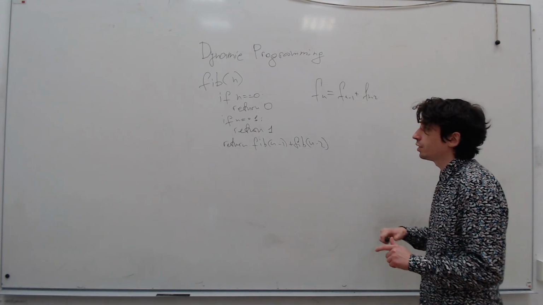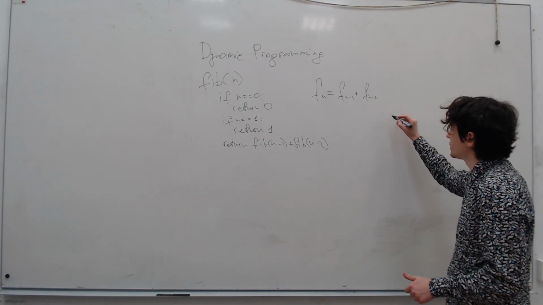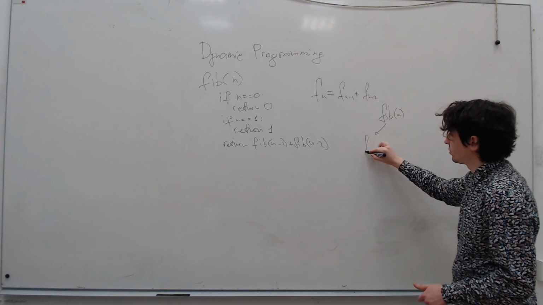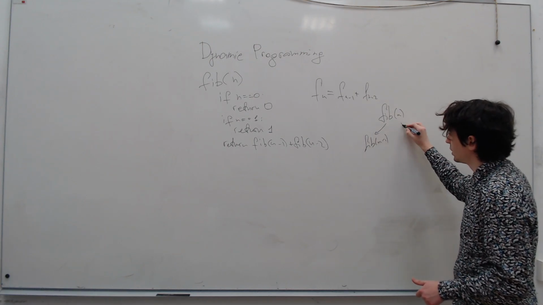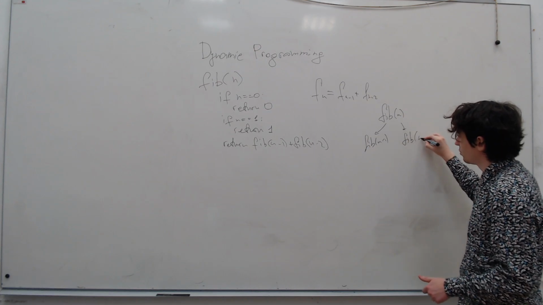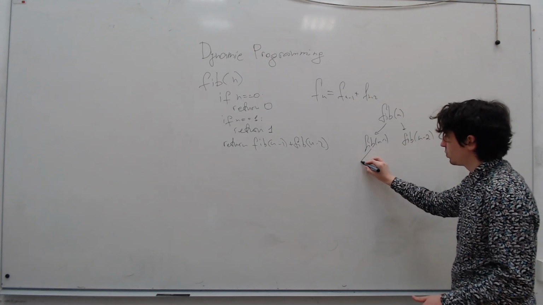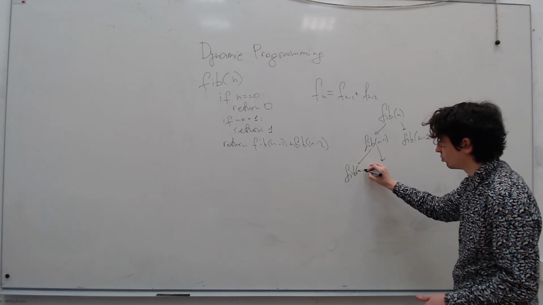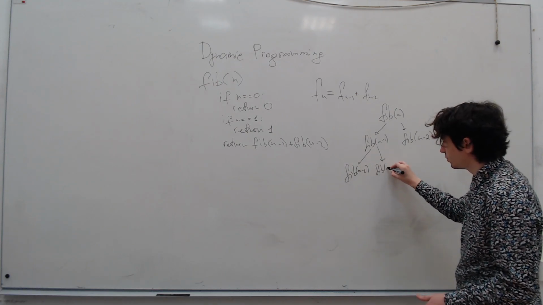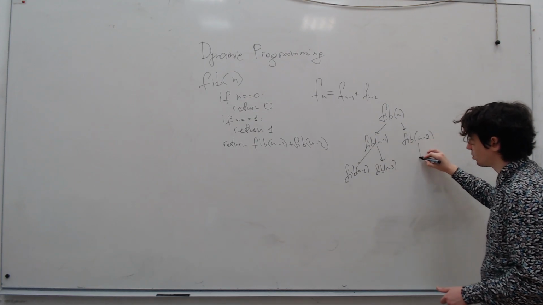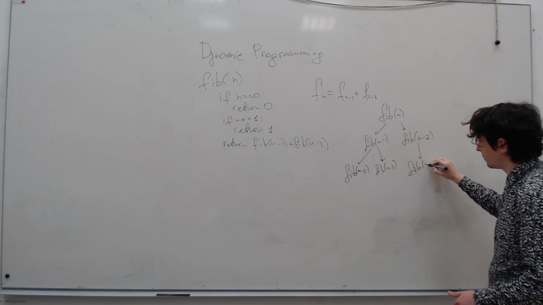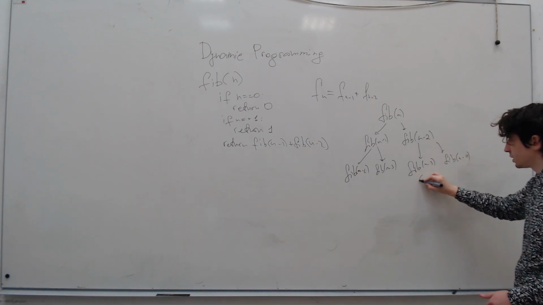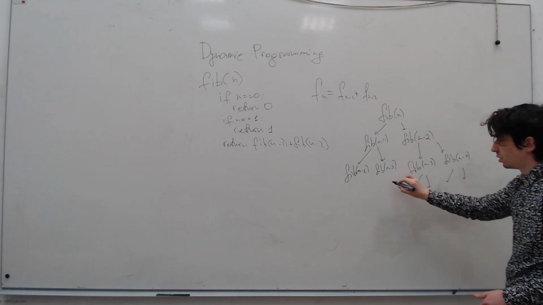So let's see how this recursive function works. We had Fibonacci of n, then it calls Fibonacci of n minus 1 and Fibonacci of n minus 2. This one itself calls Fibonacci n minus 2 and Fibonacci n minus 3, and this one calls Fibonacci n minus 3 and Fibonacci n minus 4, and so on. So it goes recursively.